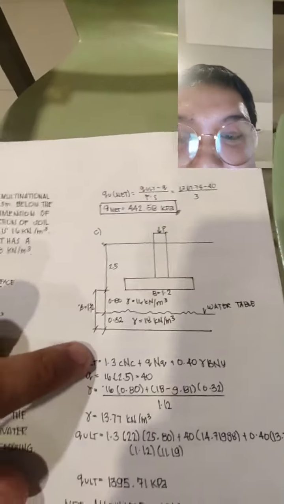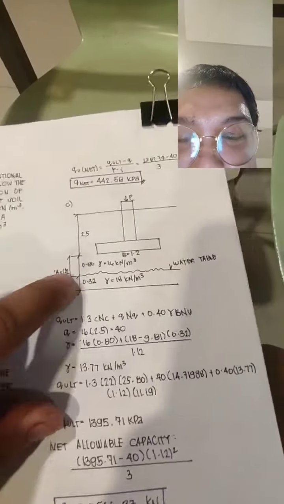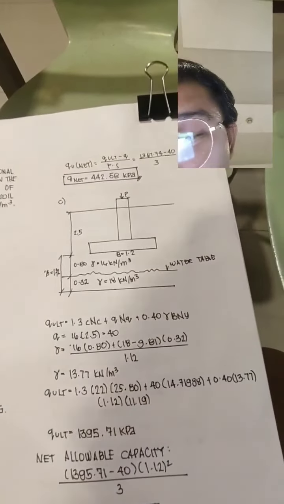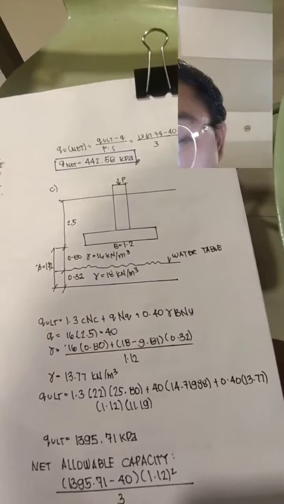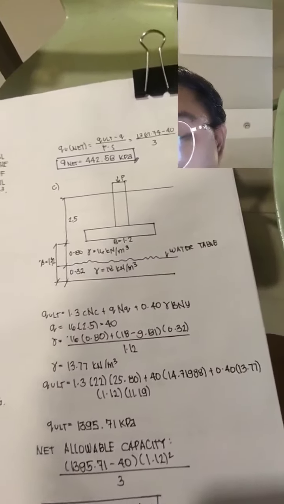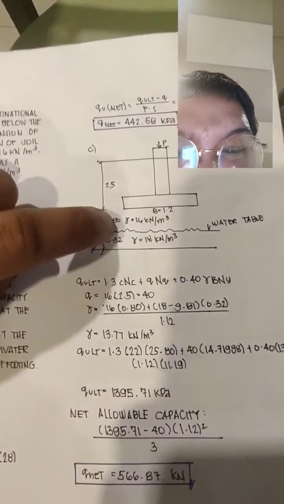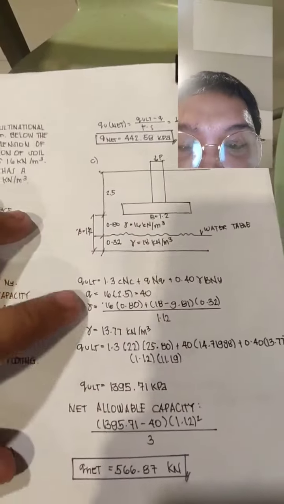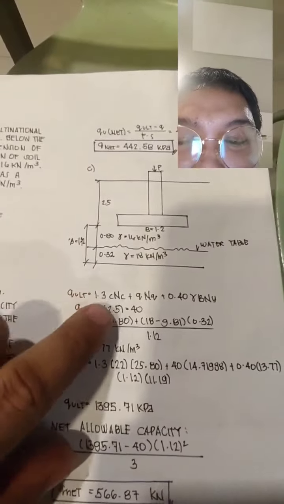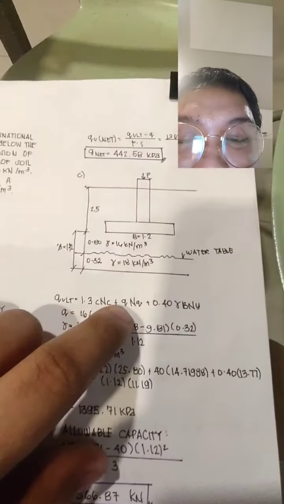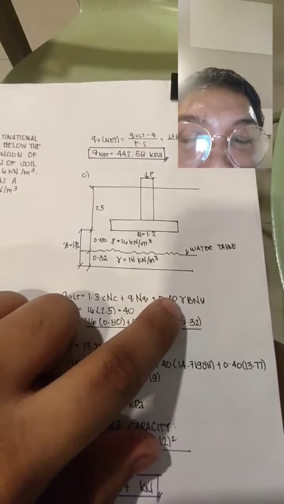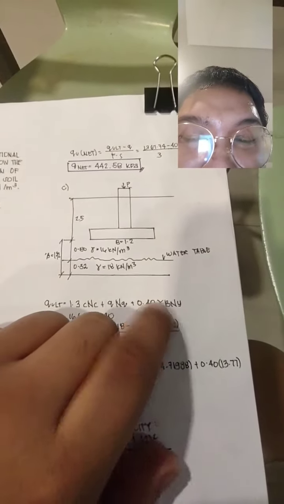And for C, this is the figure, we can see. It says here, compute the net allowable load that the footing could carry if there is a water table at a depth of 0.80 meters. So, this is the 0.80 meters. Here, we have the formula 1.3 c Nc plus q Nq plus 0.40 gamma B Nγ.